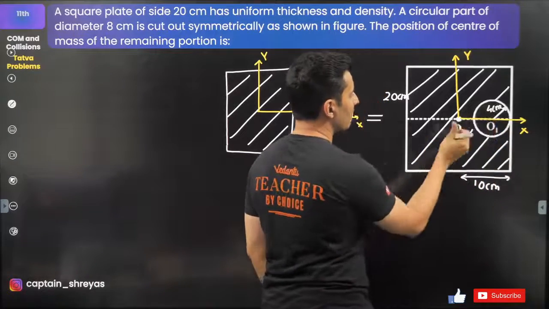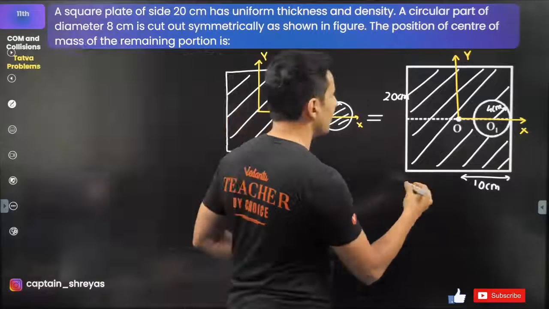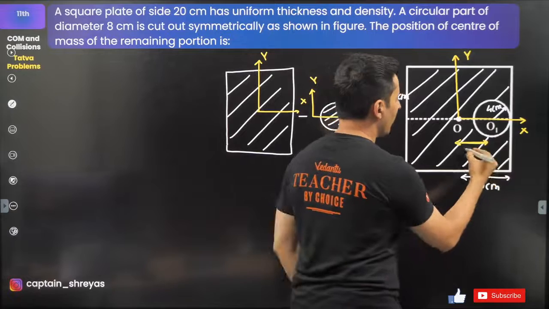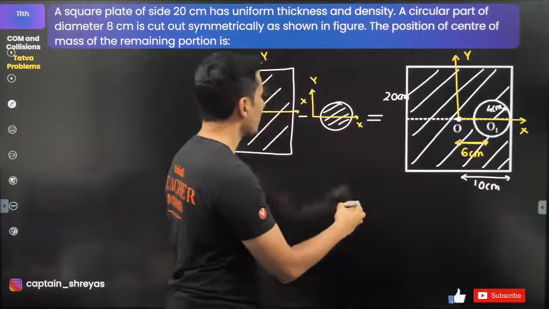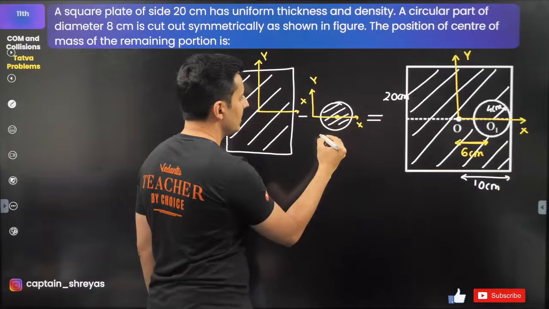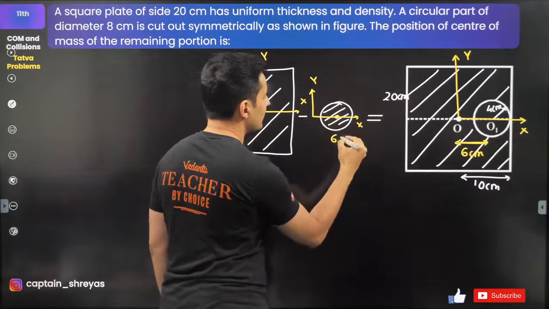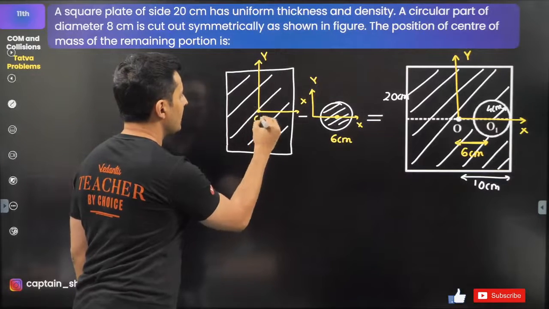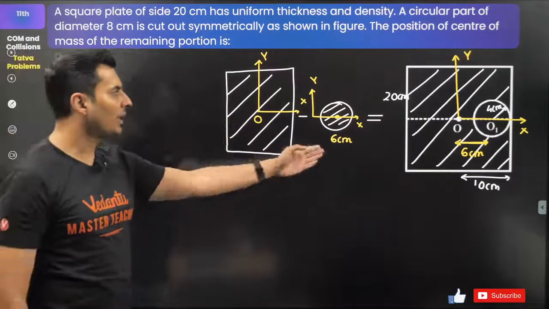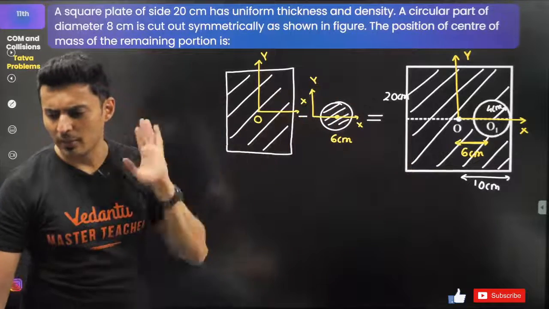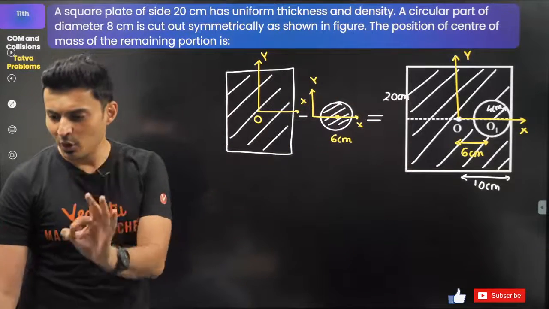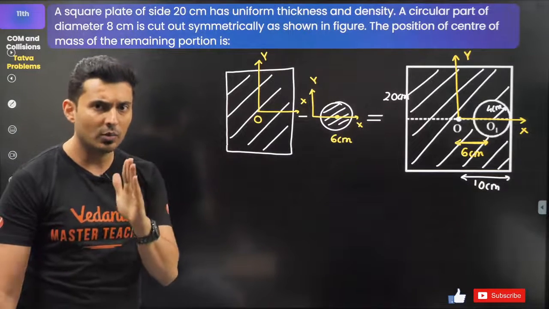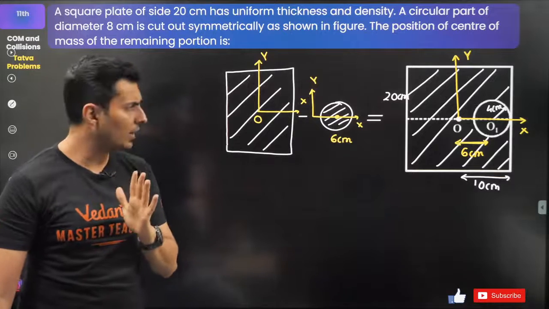How much will this distance be? This is 10, this is 4. Obviously, this is 6 centimeters. So the center of the circle is at a distance of 6 centimeters. The center of the square is exactly at the origin. This is what I got from pure geometry. Nothing else. Cool guys, everybody with me on this? Shall I move ahead to the next part?